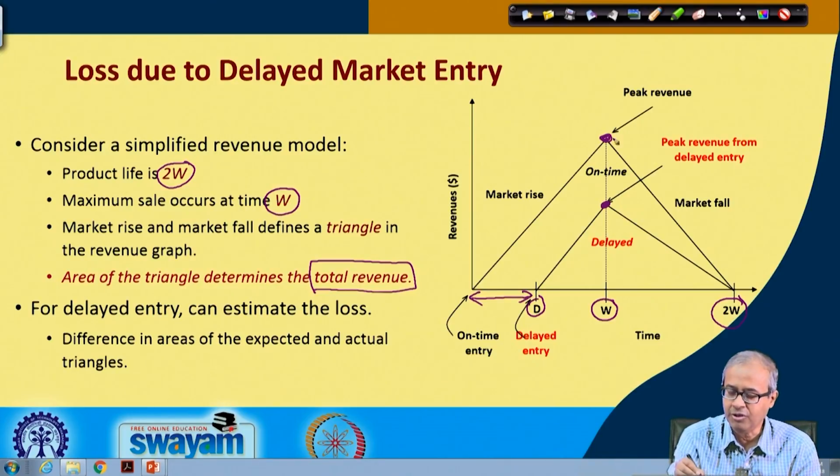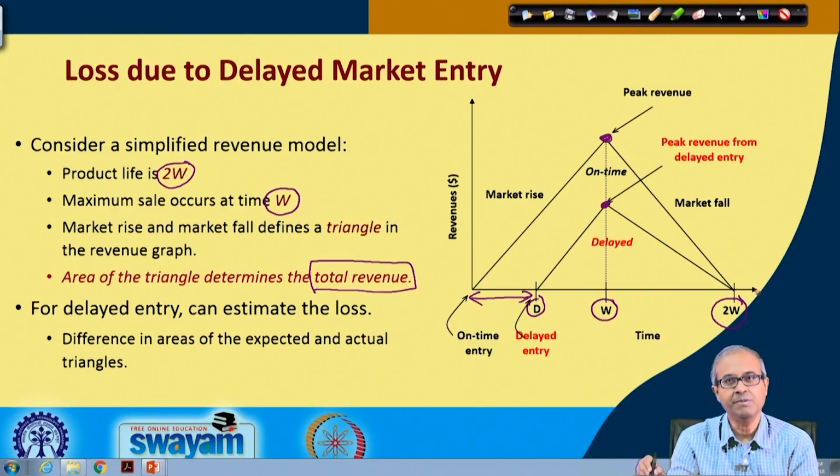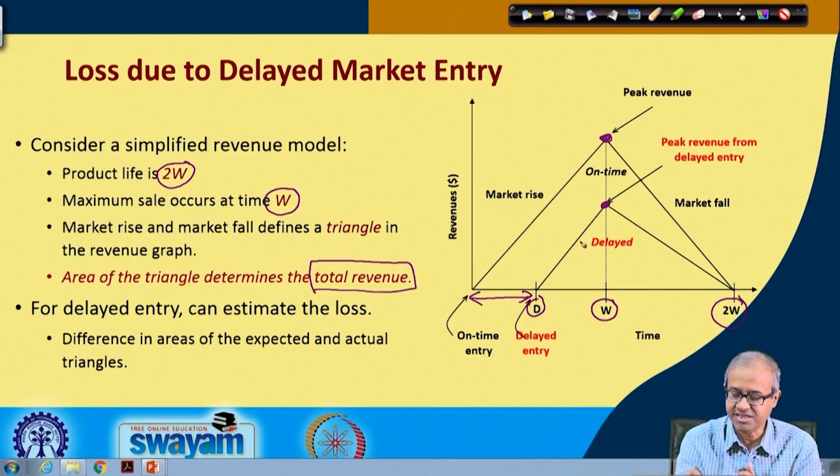So, the fall will start happening at the same point W. From then again it will continue up to 2W, beyond which there will be no interest in that product anymore. But your initial delay is actually shifting the left vertex of your triangle to the right. This is what is happening, right.